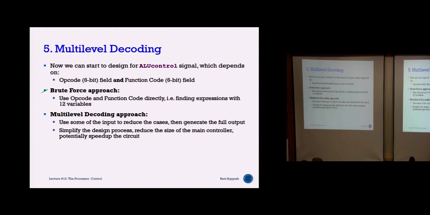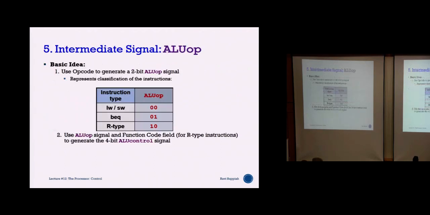The other way is multi-level decoding. That means you do some simplification to break it down into a few simpler checks to minimize the hardware. So we're going to do that second approach.